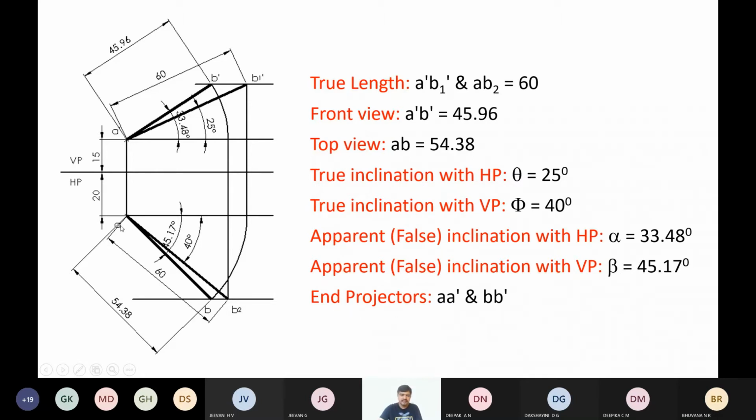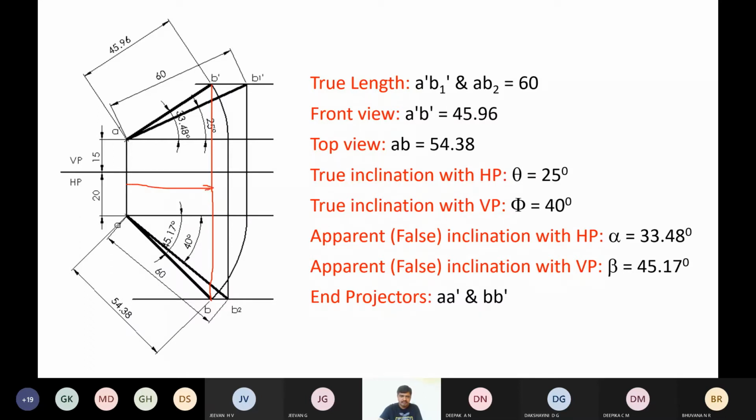A vertical line connecting A dash is one end projector. Another vertical line connecting B dash is another end projector. So these two are end projectors. In a few problems, they will give data regarding the distance between end projectors.